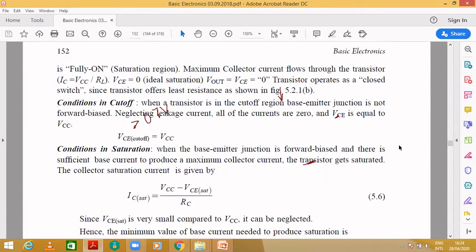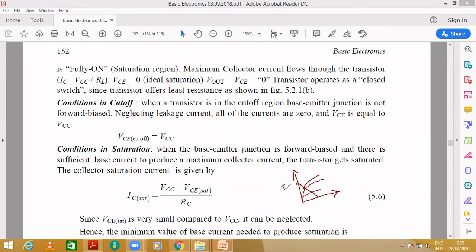So let's see about the condition in cutoff region and saturation region. I already told, whenever we are talking about a cutoff region or saturation region, if I draw the VI characteristics for a CE amplifier, this is my DC load line and somewhere it is joining, and this is the saturation.